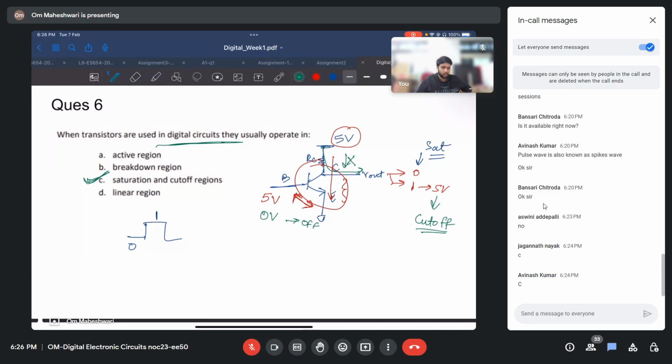It is a very simple concept. Is it clear? I hope it is. Let us move on.